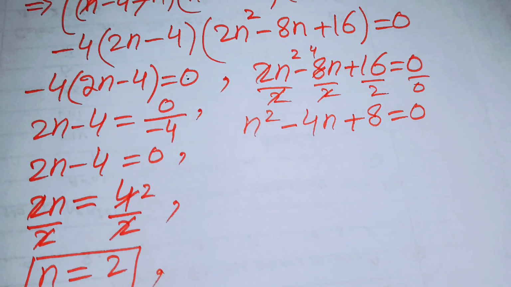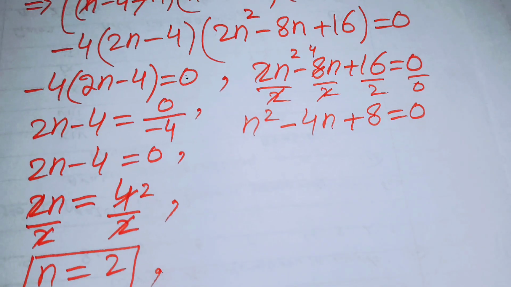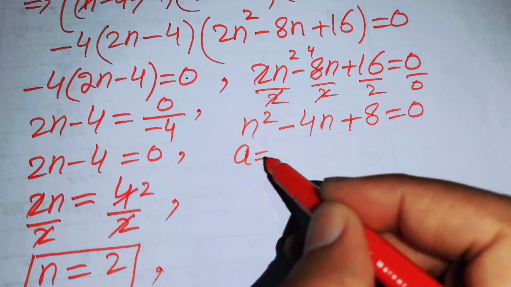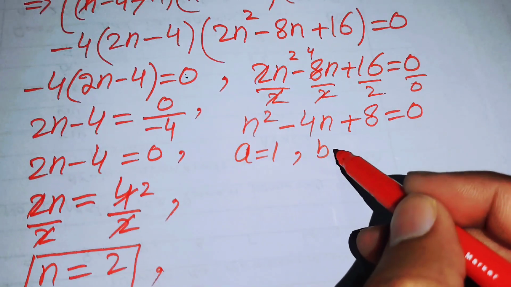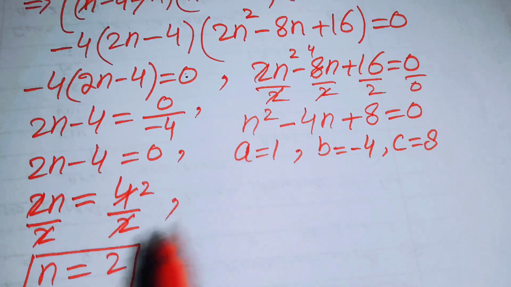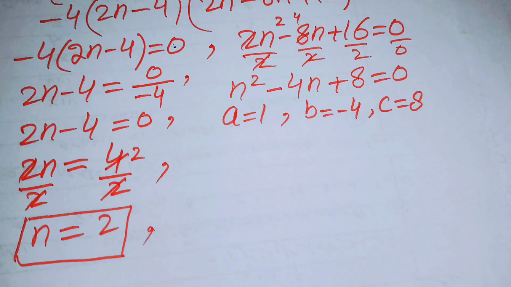And now we will try to make the factors of this equation, or we can use the nice quadratic formula in order to solve this quadratic equation. So here we have a is equal to 1, b is equal to minus 4 and c is equal to 8.